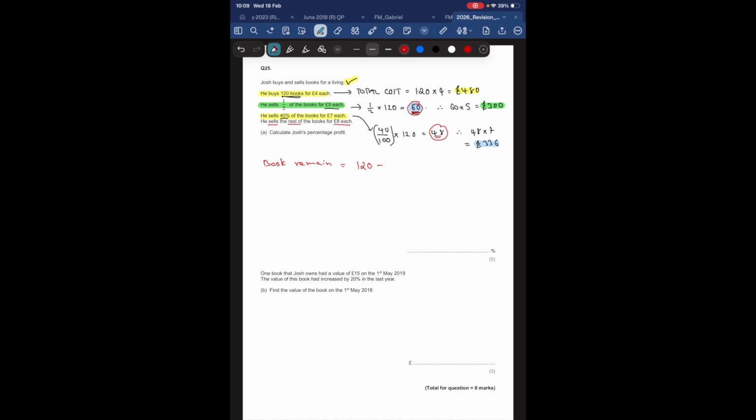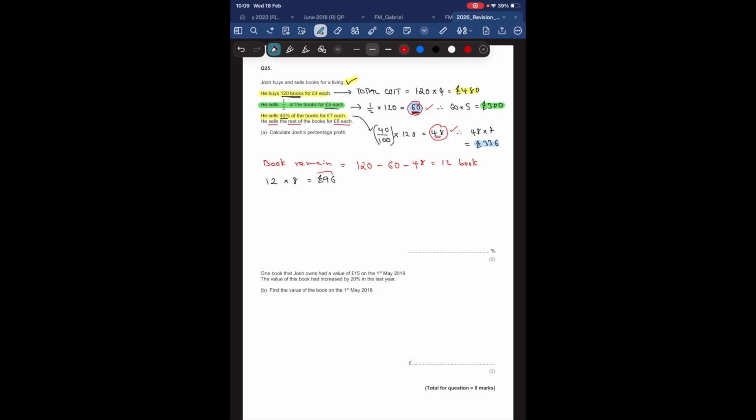We've sold 60 of them for £5. We've sold 48 of those for £7 each. So the total number of books that remain, and that will be sold for £8, are going to be 12 books. So the amount of money that he's making by selling those 12 books at £8 each is going to be £96.